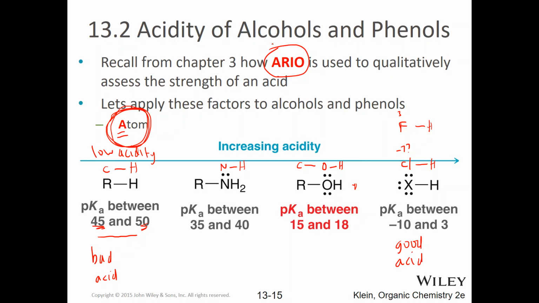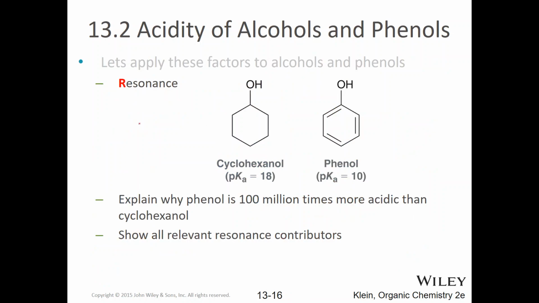So what we've just done here is we've considered the atom that the hydrogen is bonded to. Now, what does the R stand for? R stands for resonance. So let's consider resonance factors. You can see that this hydrogen is bonded to an oxygen in both cases, so the atom is no different. And the next atom over is a carbon, so that atom's no different. But let's consider the resonance possibilities that exist.